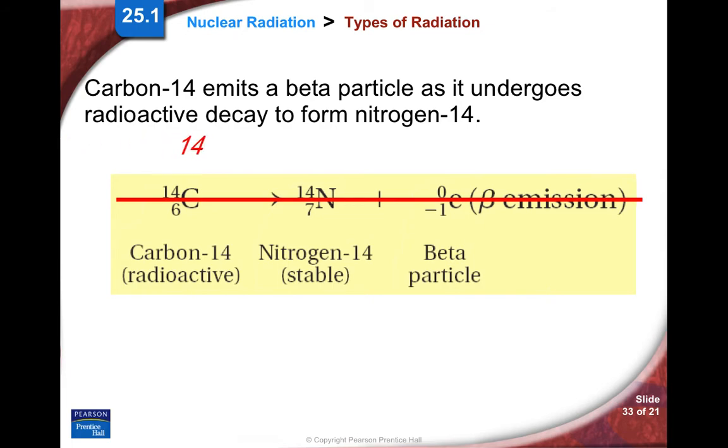So again, 14 equals 14 plus 0. The mass number doesn't change. For protons, the atomic number goes from 6 to 7, because 7 plus a minus 1 is 6. So you've got 1 more proton. The mass number stays the same, so that means you have 1 less neutron when beta decay happens.